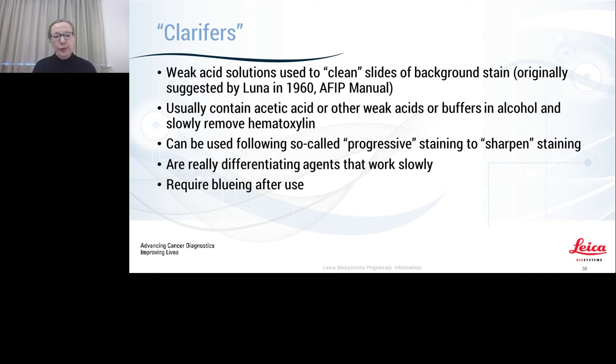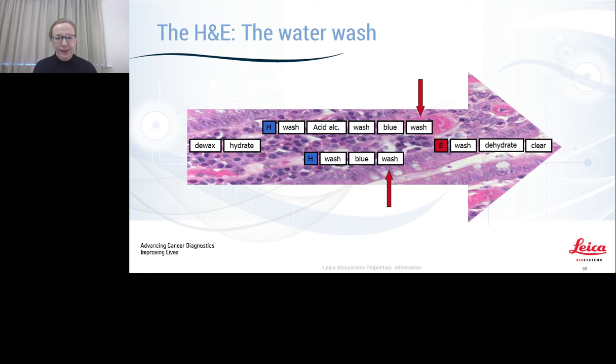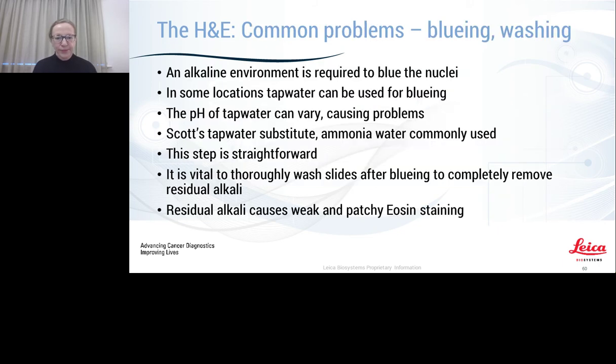You do need to blue after use of any acid alcohol. So the water wash. The bluing can happen in tap water if the tap water happens to be quite alkaline. So just be aware of what the pH of your tap water is, because it can vary quite a lot. This is particularly important in all steps of your stain.